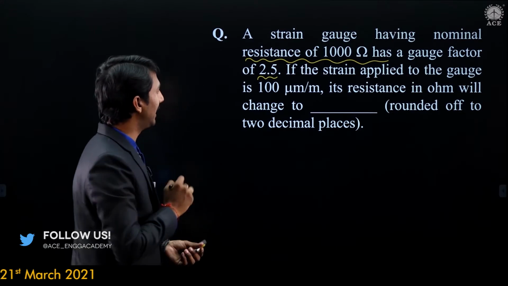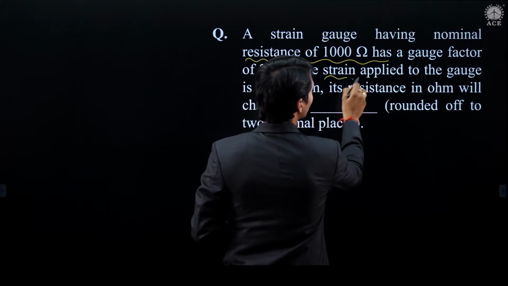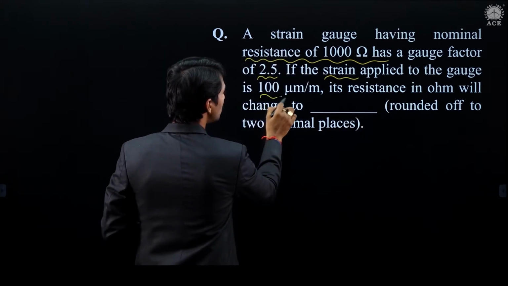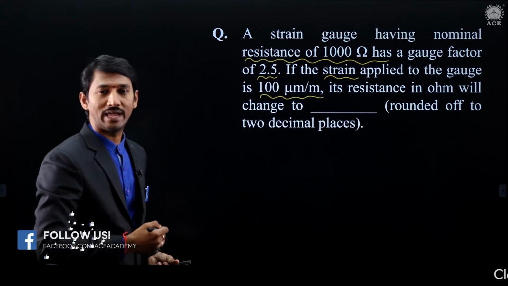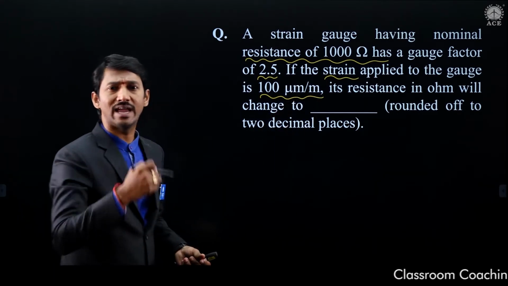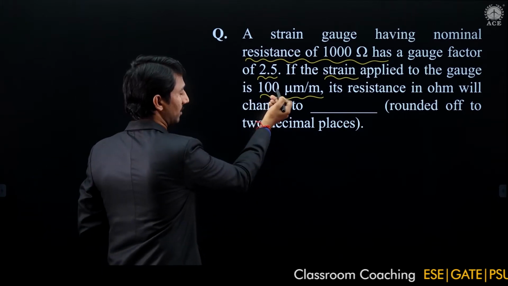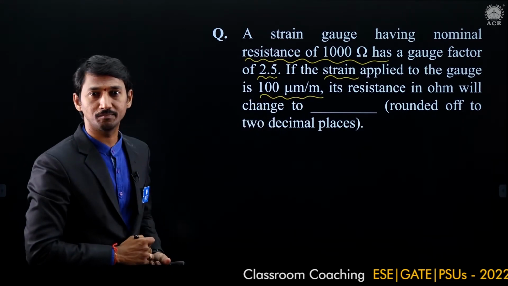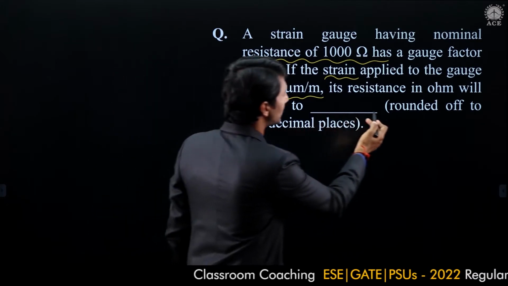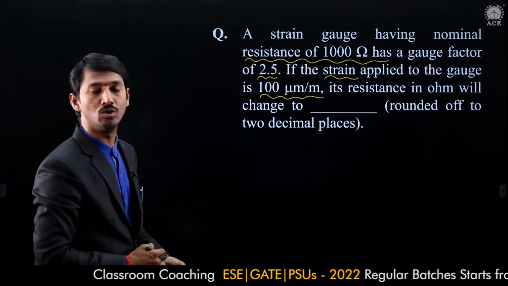If the strain applied to the gauge is 1000 micrometer per meter, as we know strain does not have any unit, its resistance in ohm will change to dash.